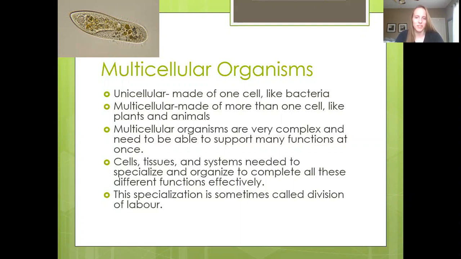It makes them function more efficiently. Cells, tissues, and organ systems all need to be organized so that they can function effectively together. The specialization of different types of cells and organs is sometimes called the division of labor.